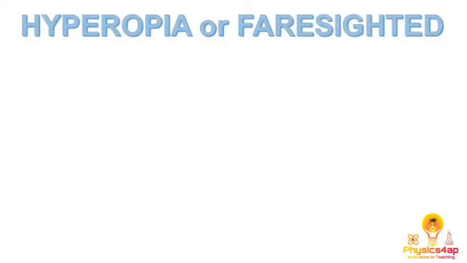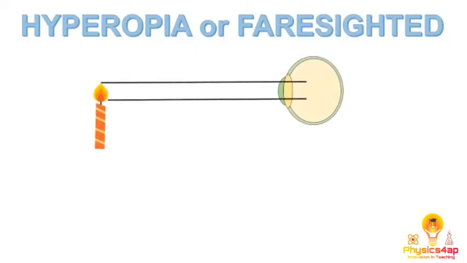Another one is hyperopia or hypermetropia, the defect where a person cannot see near objects. When light rays fall upon our eyeball, which has a convex lens, they converge beyond our retina.